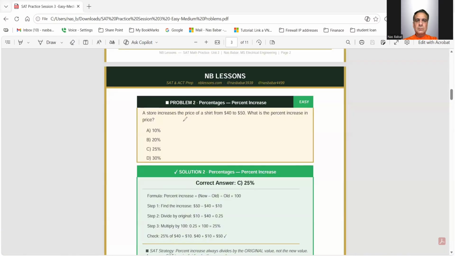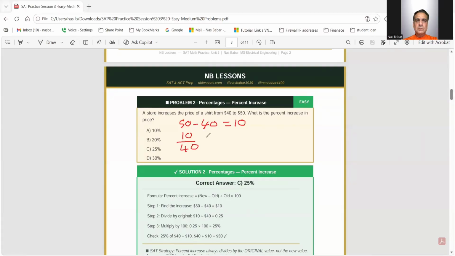So what's the increase in price? The new price is $50, right? As you can see right here, it clearly says the price went up from $40 to $50. So what's the increase in price in dollar amount? 50 minus 40 is equal to 10. So the price increased by $10. The way you solve it, you divide the increase in price, which is $10, by the old price, $40.